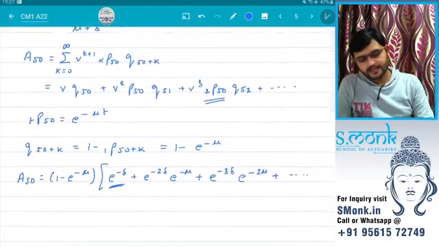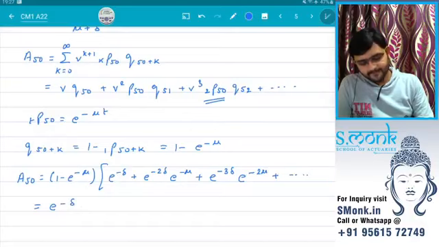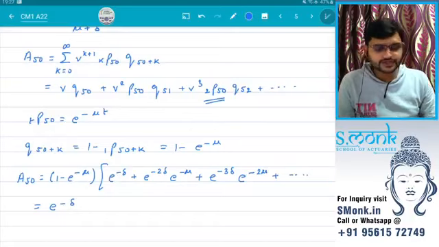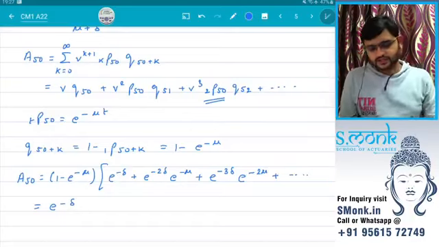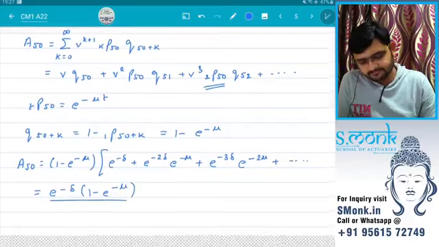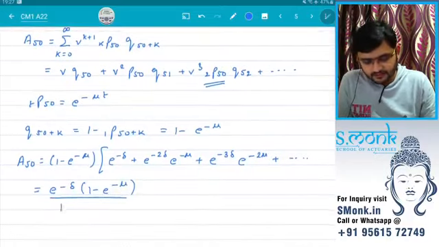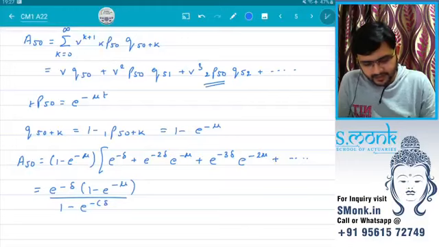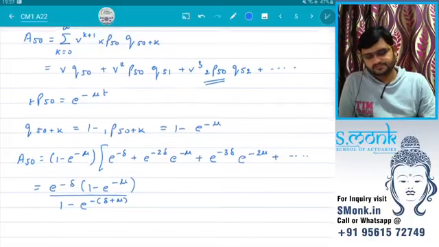Again, I can take e raised to minus delta out, and the rest is nothing but a geometric progression. An infinite GP gives 1 upon 1 minus e raised to minus (delta plus mu). This is our formula.